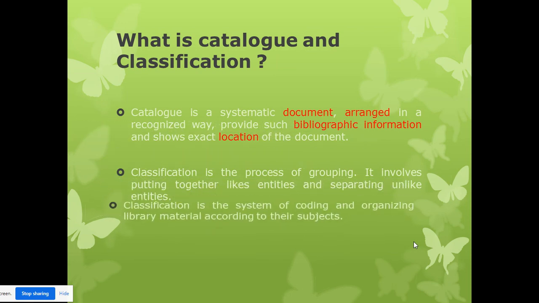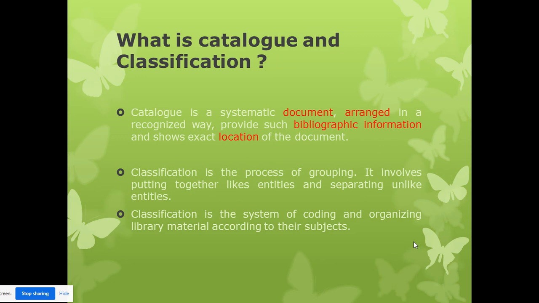Another definition: classification is the system of coding and organizing library material according to their subjects. It is a system of coding, just like the Arabic numbers we write as the call number. That is why it is said that classification is the system of coding and organizing library material according to their subjects.